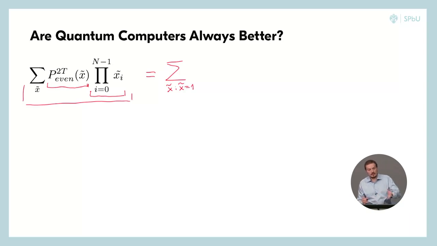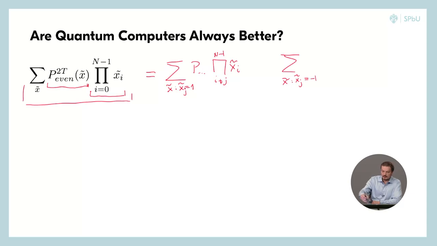This sum is over all the functions for which xj equals 1, and the coefficient before the sum is 1, and the sum over all functions for which xj equals -1.